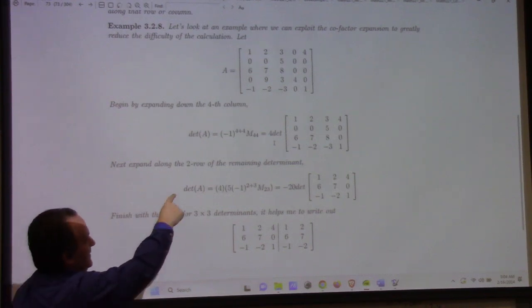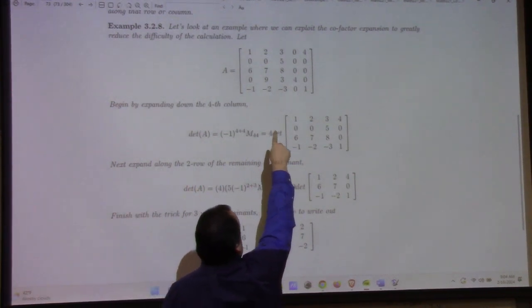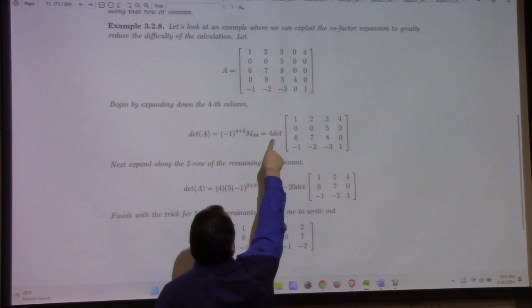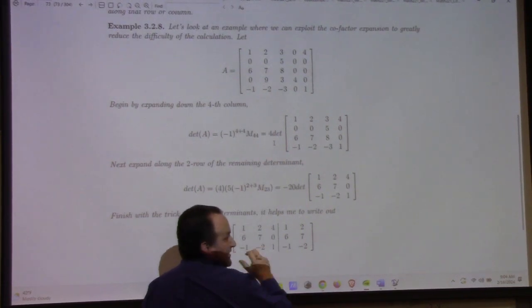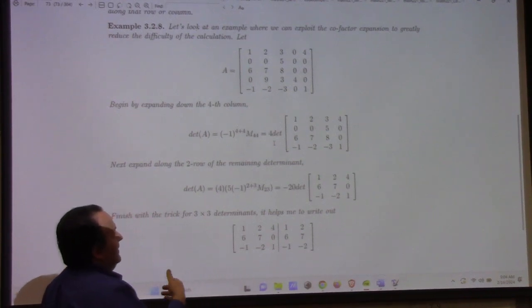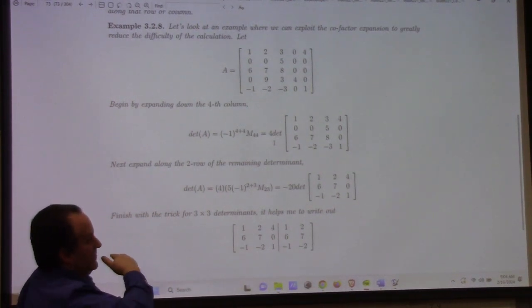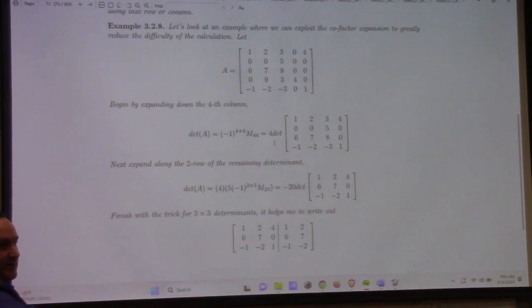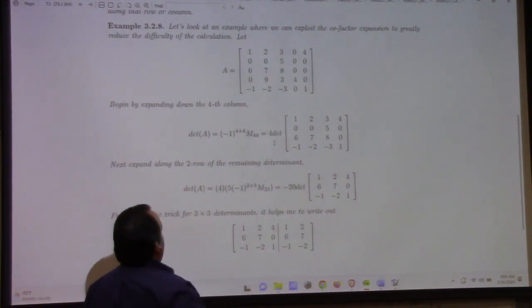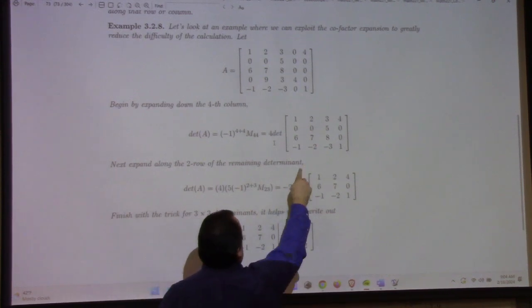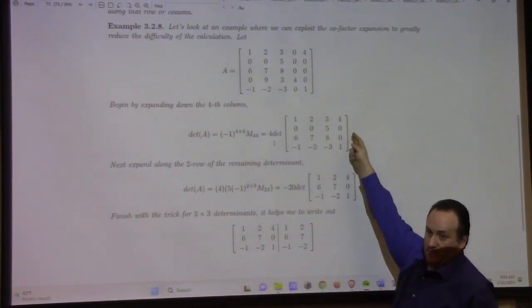So on the fourth column, I expand, which means that 4 is in the 4, 4 spot, so I go -1 to the 4 plus 4. So that plus minus sign actually works out to a plus here. And then I do the determinant of the submatrix formed by crossing out the fourth row and the fourth column, which just leaves me with that. And then I expand across the second row of that one.